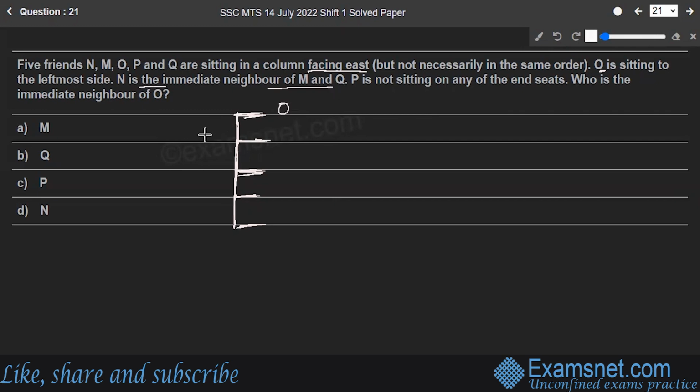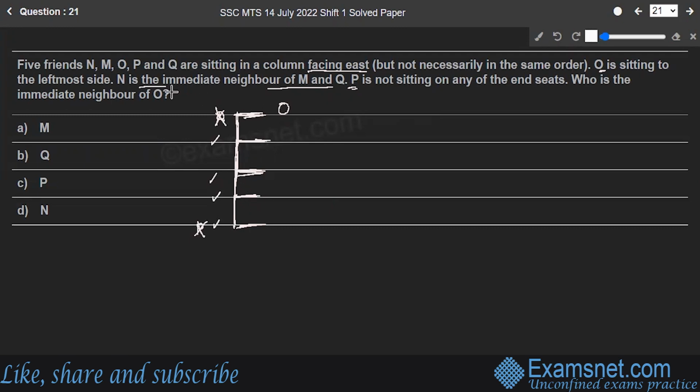Now see, N, M, Q can be at any of these four positions, but one thing is sure: N, M, Q are sitting together. One thing more, it is saying P is not sitting on the N seats. So that means P, of course, is not over here, right? And P is not sitting here as well.